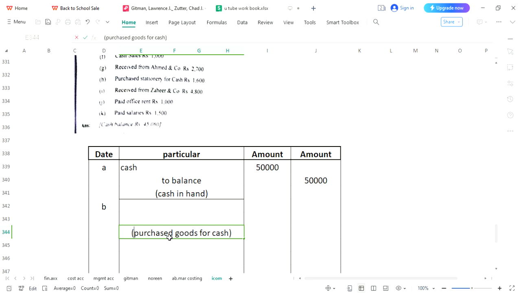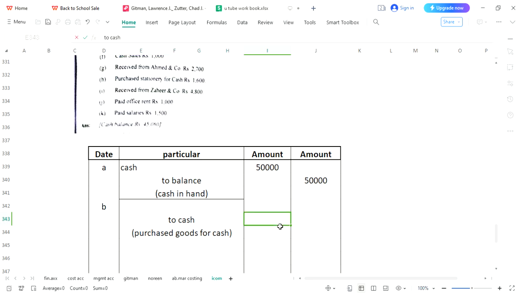You are buying goods and paying cash. Whenever you are buying anything, you will pay. It means your cash would be decreased. Cash is your asset. When an asset decreases, we write on the credit side. So on the credit side, you will put cash.